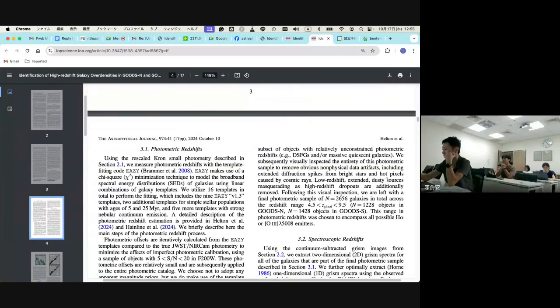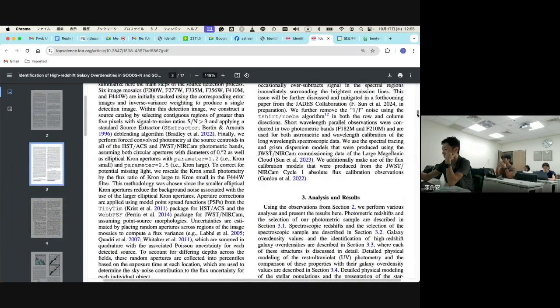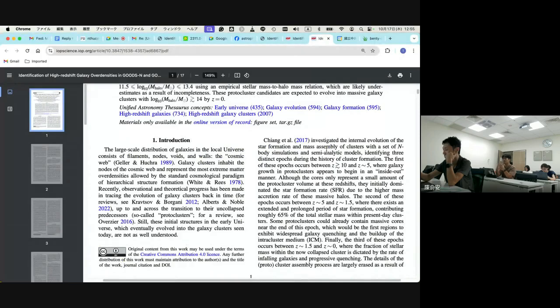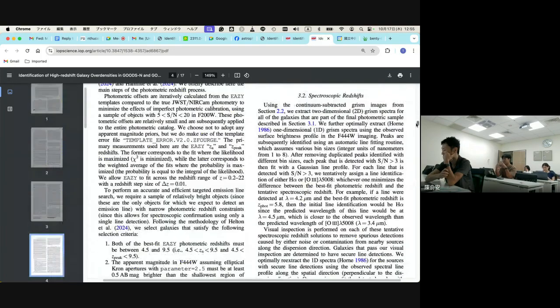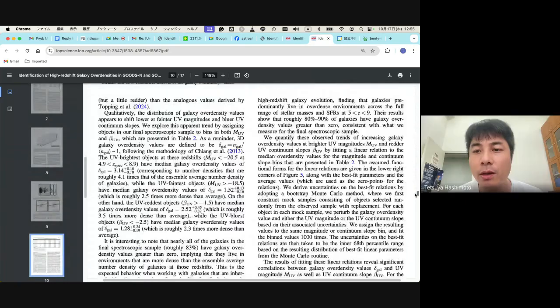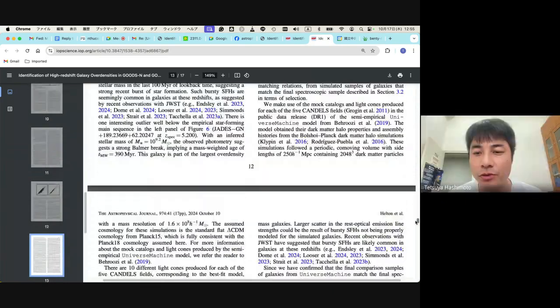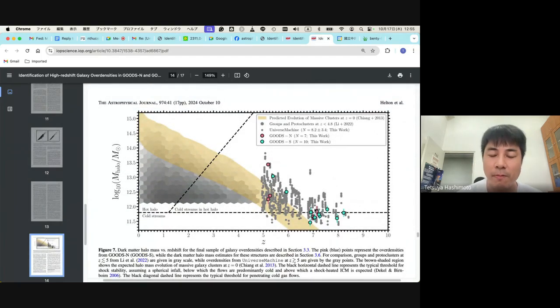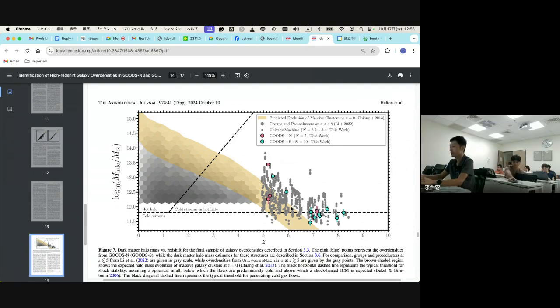I think from this we can know the evolution of the cluster from the protocluster until the galaxy cluster we observe at low redshift. That's a good point. I think they really want to draw that kind of storyline observationally. Okay, good question. Any other questions?